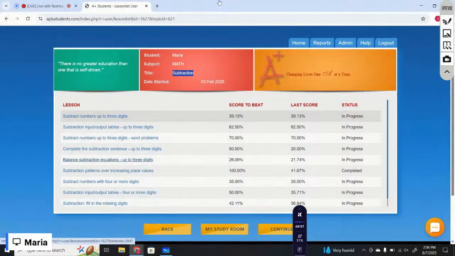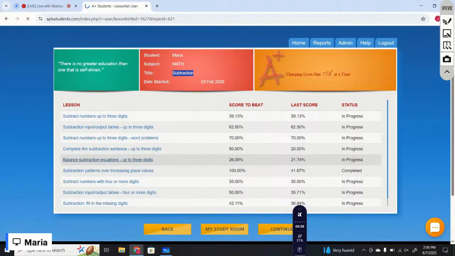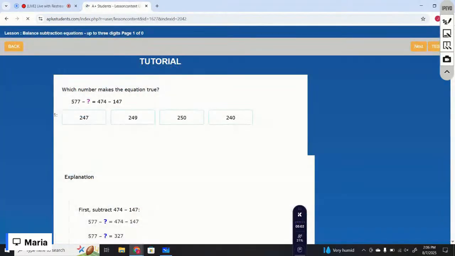Balance subtraction equations of 3 digits. Which number makes the equation true? 575 minus missing number equals 474 minus 147.